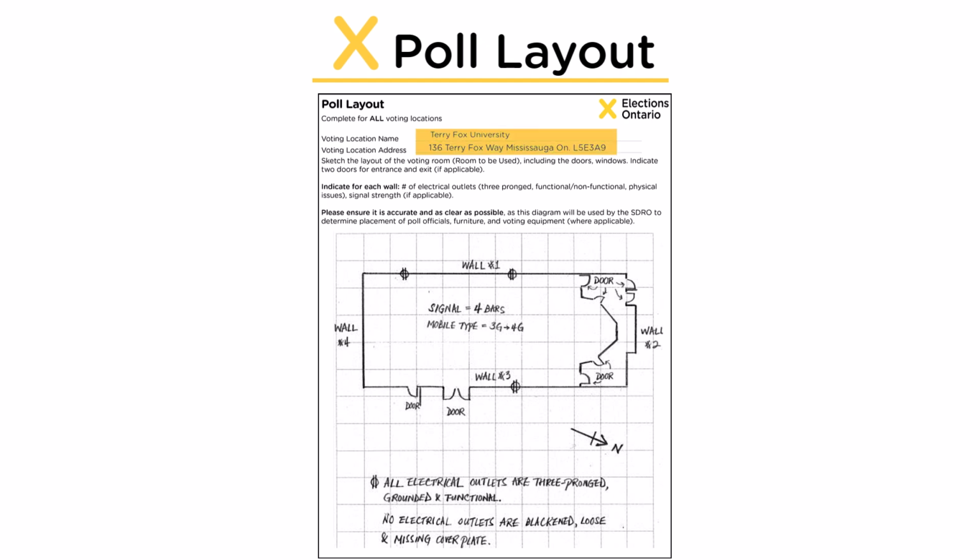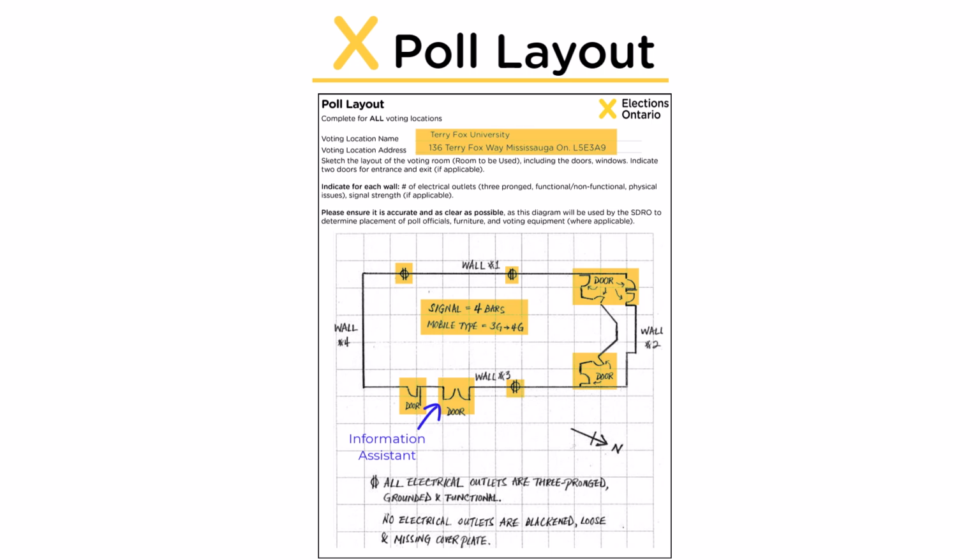The poll layout must include the following information: voting location name and address, location of doors and windows, the door where electors will enter and exit from, any accessibility issues and proposed remediation, for example, if the power assist door fails the minimum requirements, and an information assistant will be required to assist electors, the total number of electrical outlets present on each wall, including their functioning status, the signal type and signal strength in number of bars.